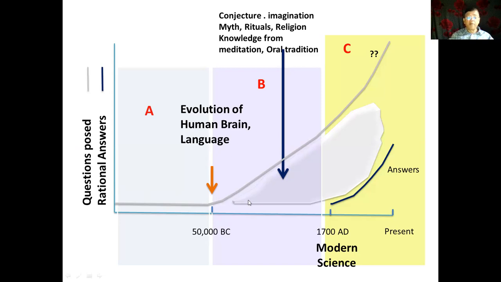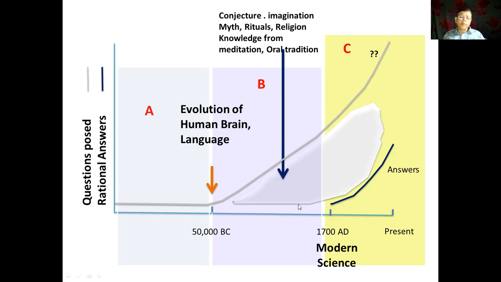After language developed, questions started being asked, because they now had a language. What developed in this period were imaginations, myth, rituals, religion, knowledge from meditation, and oral traditions. And then you have the period C, where science developed and started giving concrete answers to many of the questions.